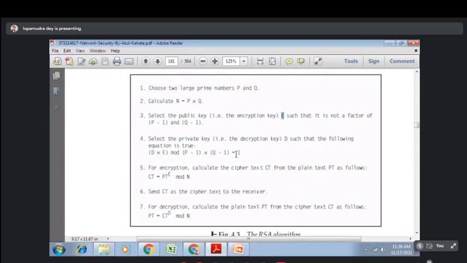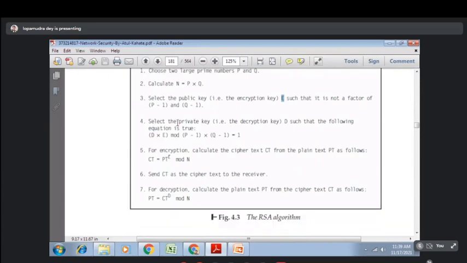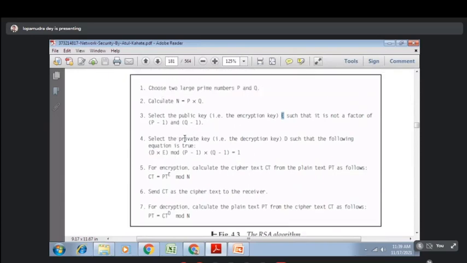There is a lot of mathematics here. If you multiply D and E and then take the mod of P minus 1 and Q minus 1, the result will be 1. So those are the 4 steps that help generate the public key and private key.